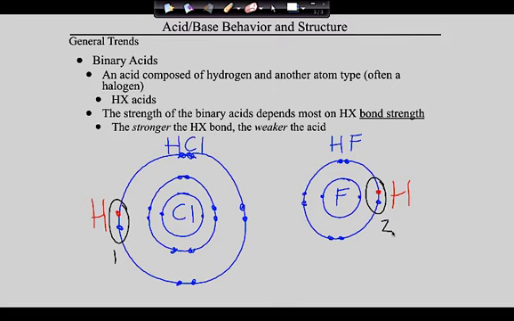Which bond is stronger? Bond 2 is stronger. Does that make sense? This bond is stronger, therefore it doesn't break as easily. Therefore, this is a weaker acid. This bond is weaker, breaks more readily. Therefore, this acid is stronger. You okay with that logic?